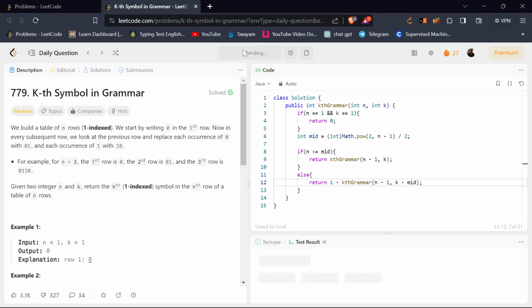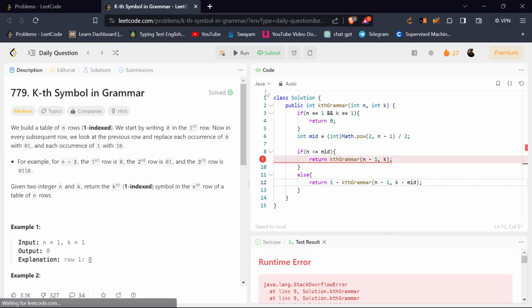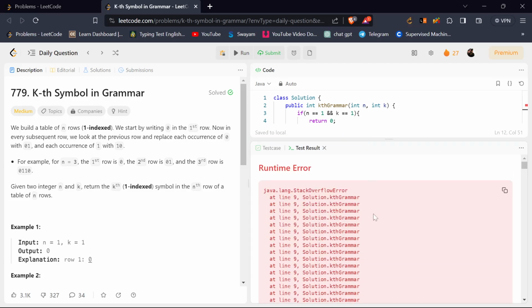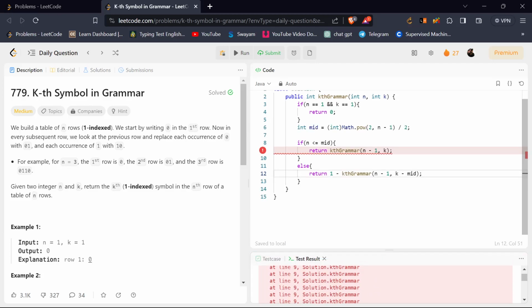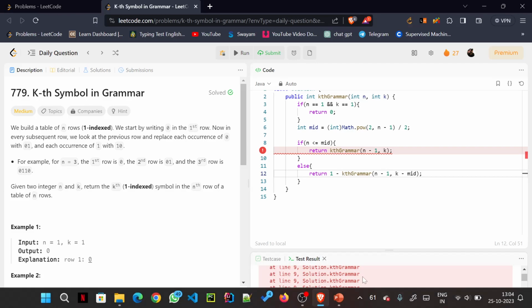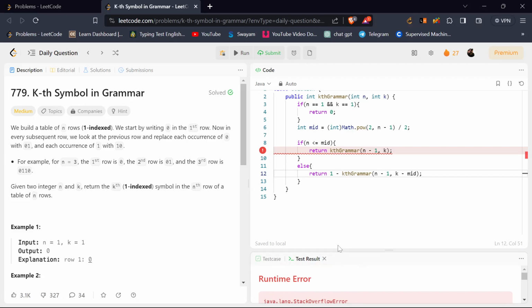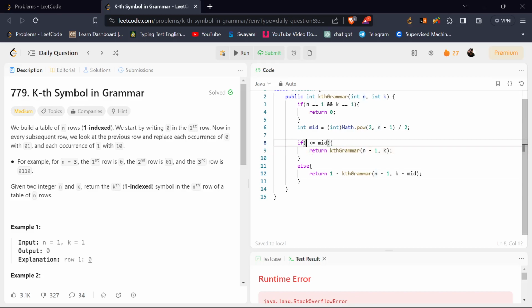Let me run this code. Return kthGrammar n minus 1 and k.